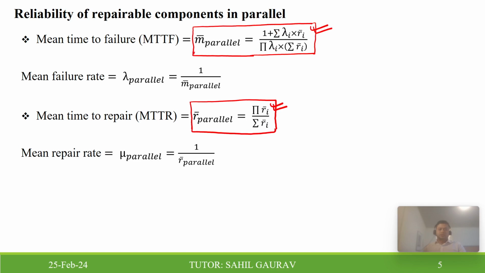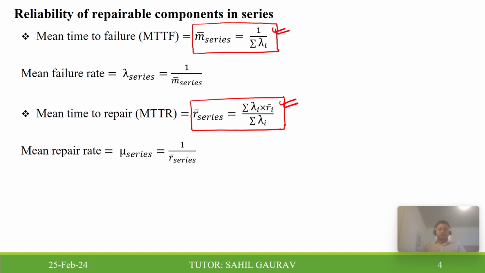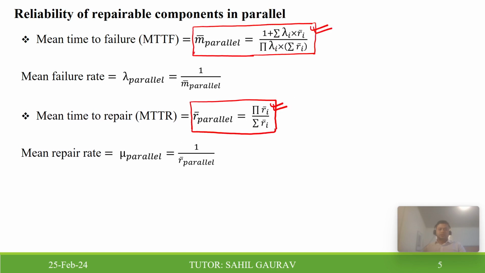Among these four terms, M bar series, R bar series, M bar parallel, and R bar parallel, whenever you are finding the mean time to failure for parallel components, just be careful while applying this expression.